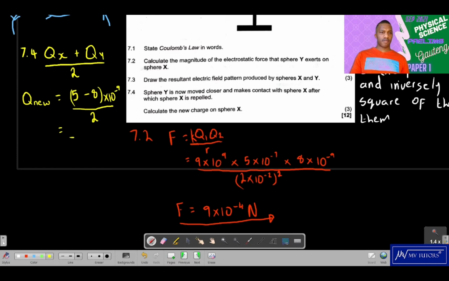So we have minus 3 times 10 to the power minus 9 divided by 2. I don't need a calculator for this, because minus 3 divided by 2 is minus 1.5 times 10 to the power minus 9 coulombs each. That's our new charge.